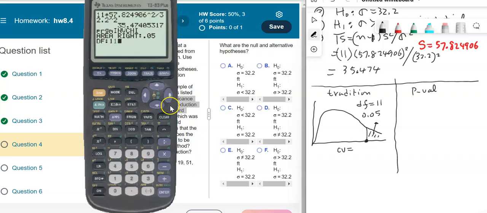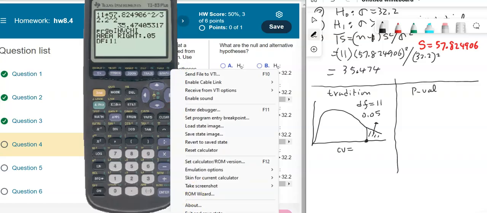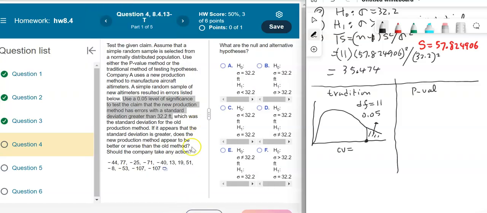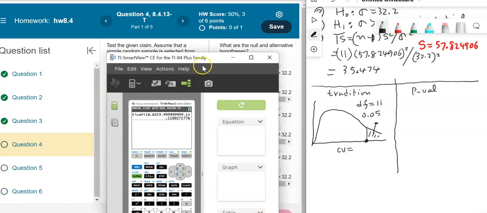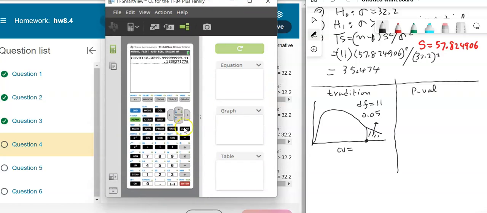Okay, this one takes a long time, you know, so I'm gonna just exit. How about do this? The other calculator here. Okay, I'm gonna clear that, and then program inverse chi. One more time, area right is 0.05, and then degree of freedom was 11, right? So it is 19.6751.